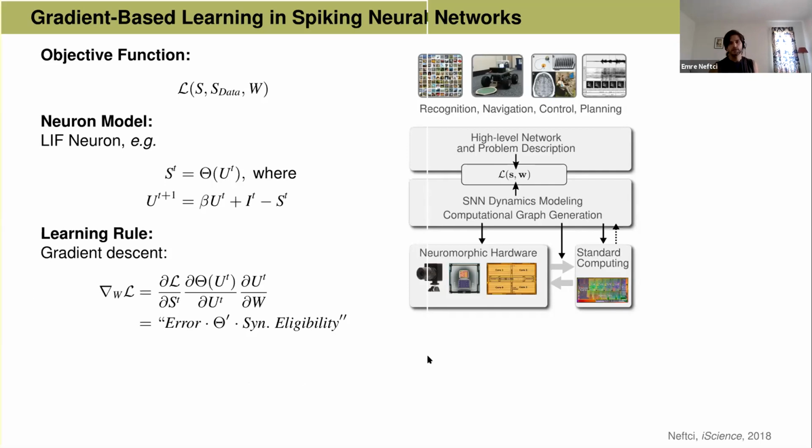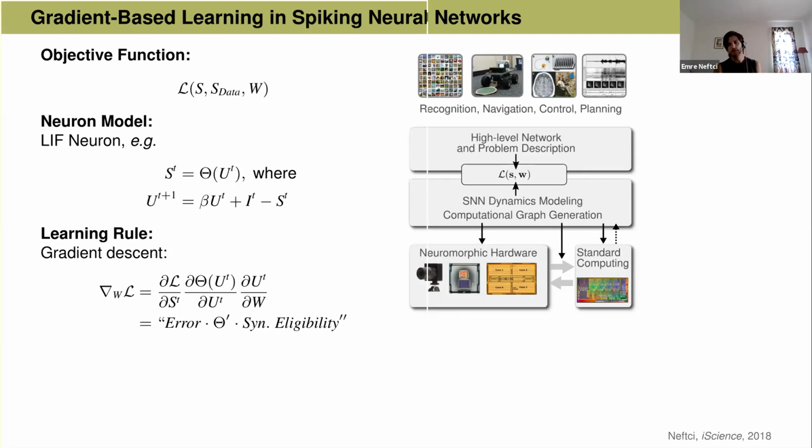And this is where we also get these so-called three-factor rules that have this external component, the error, this sensitivity of the neuron to spiking, as well as this eligibility term here. And so putting these all together, we can actually train spiky neural networks through gradient descent.